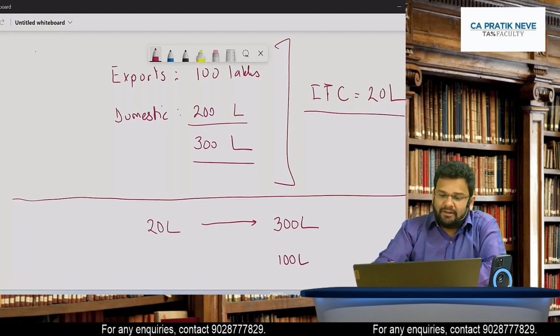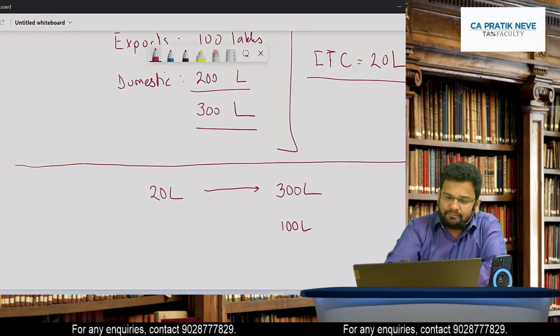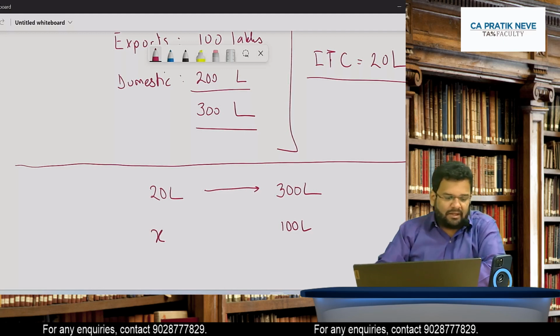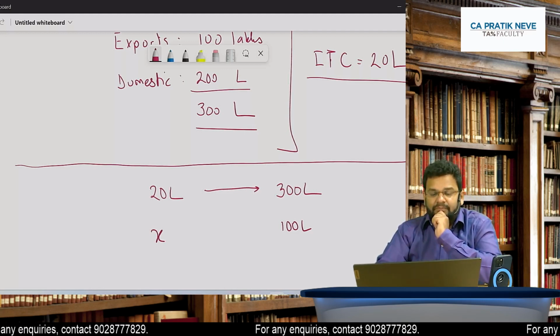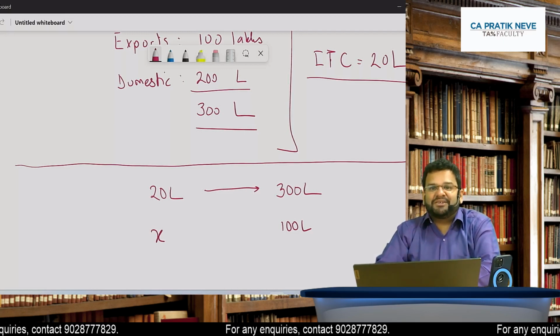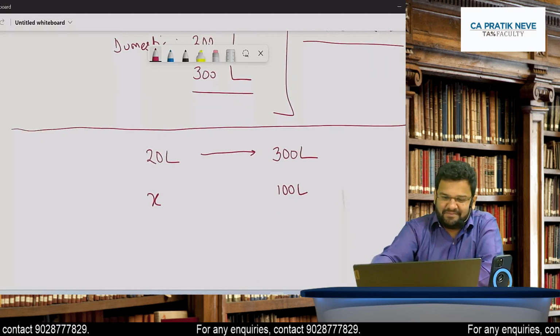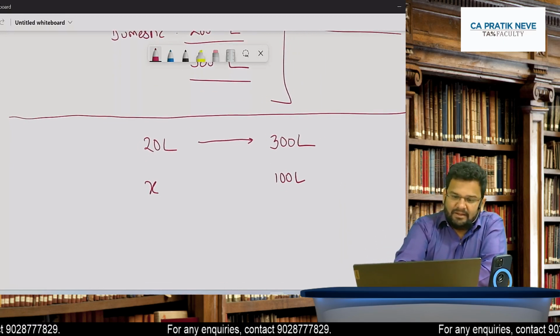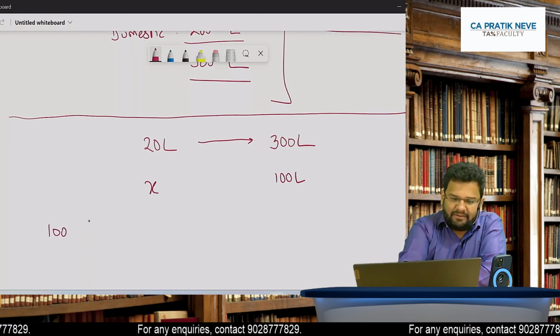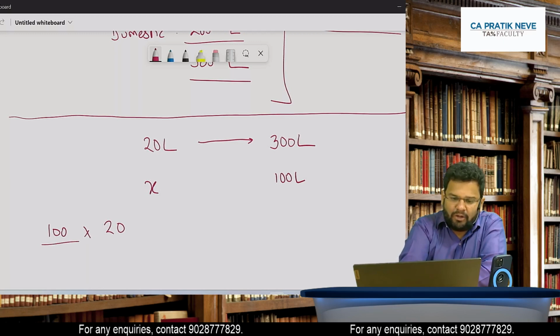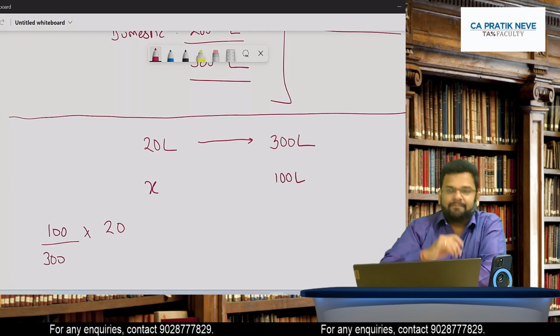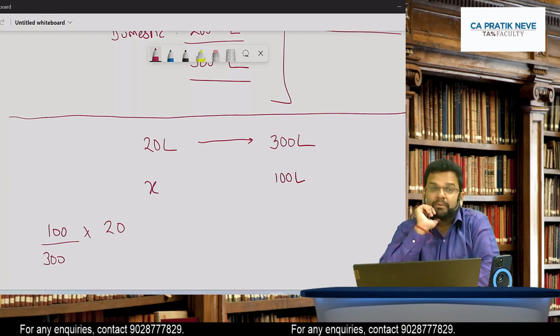So equivalent to 100 lakhs, how much will be the ITC? Can you do the cross multiplication? How is cross multiplication done in this case? Is it 100 into 20 upon 300? Please let me know.